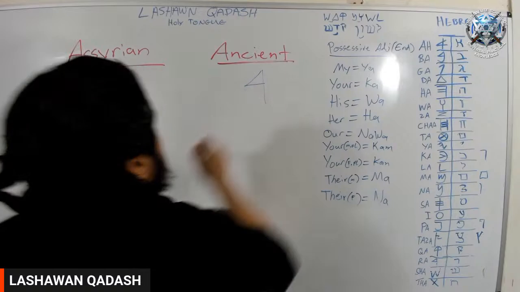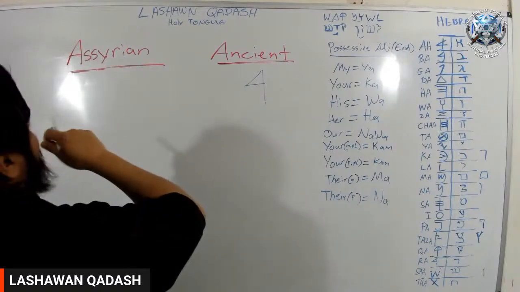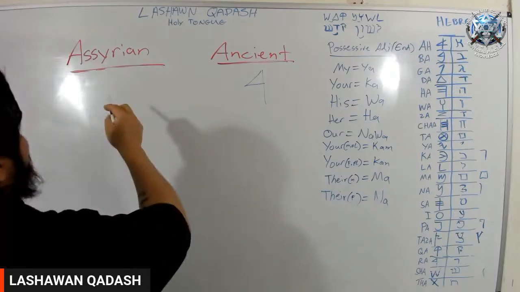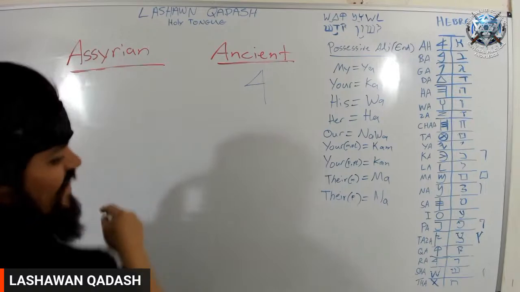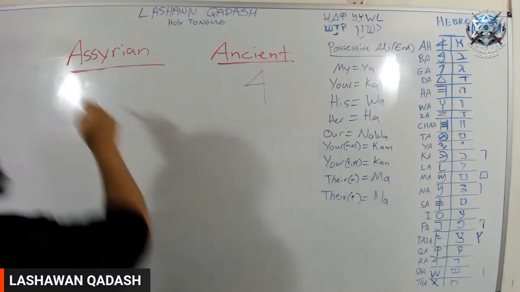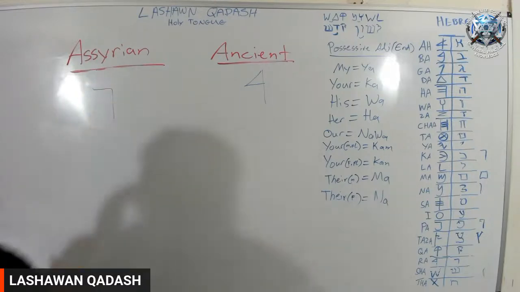There you go. Now the Assyrian. Perfect. Perfect. Regular character size.